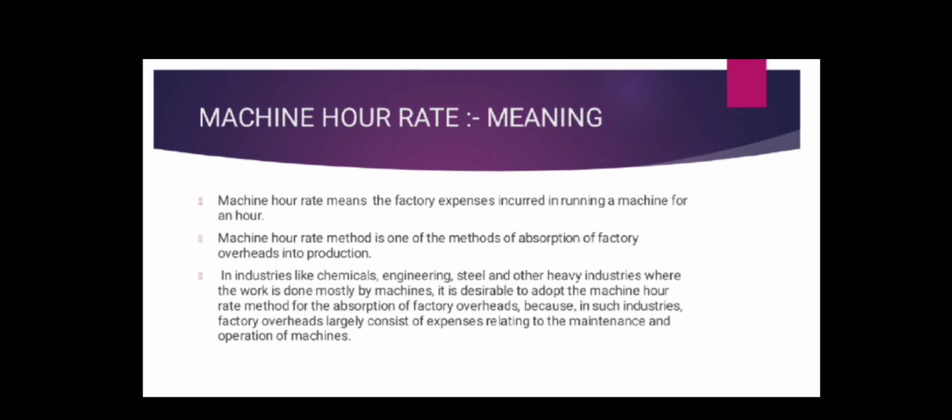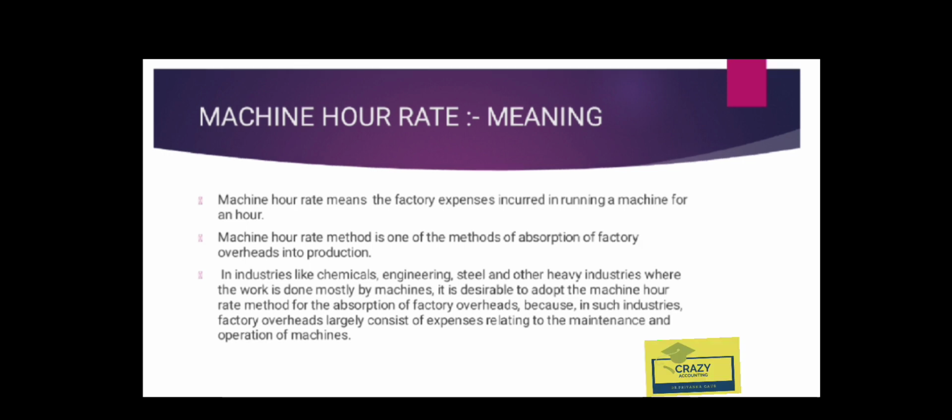When two or more absorption rates tend to charge the same amount of overhead, the simplest base could be used. And third, the selection of an absorption base is also influenced by other factors such as the type of industry, legal requirements, if any, and policy of management, in addition to the suitability of a method under specific circumstances, right?